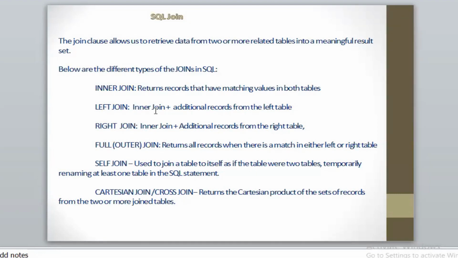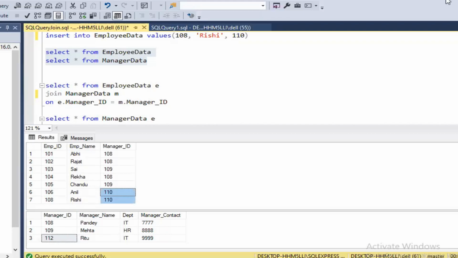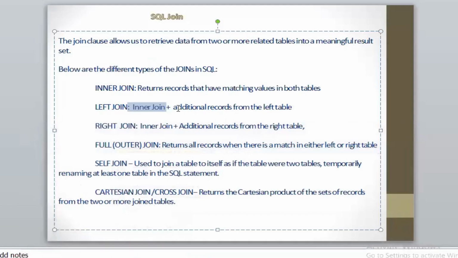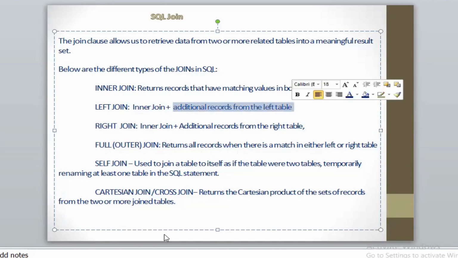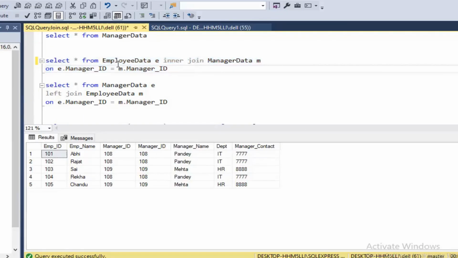Left join is nothing but inner join, all the matching data, and additionally bring the records from the left table. So what was the left table here for us? This is on the left side.